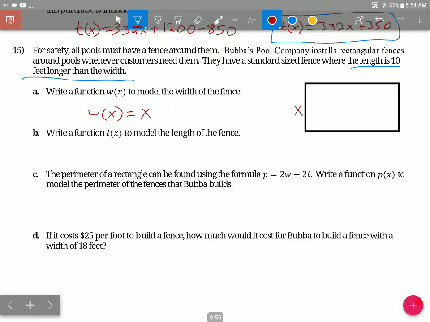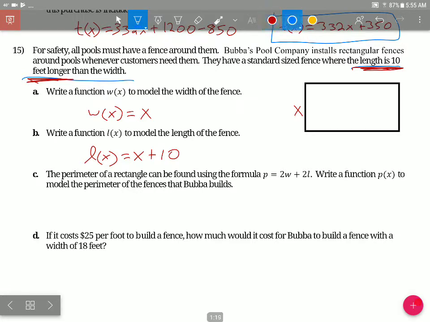Okay? The next one says write a function L of x to model the length. So L of x, well, the length is 10 feet longer than the width. So we'll take whatever the width is and add 10 to it.